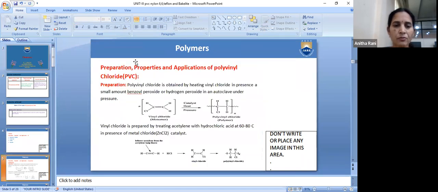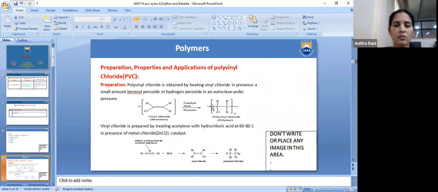Students, the preparation of polyvinyl chloride we already discussed in addition polymerization. We take a number of vinyl chloride molecules and polymerize them by adding the catalyst benzoyl peroxide, applying heat and pressure, to prepare polyvinyl chloride.